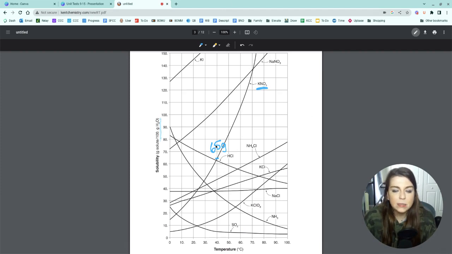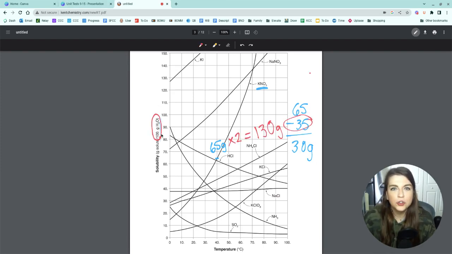So that is the maximum amount of KNO3 that will fit in this solution, but we currently have 35 grams of KNO3 in our solution under these conditions. So if we did the math, the 65 maximum minus the 35 that we have would give us 30 grams of solute that is still able to dissolve.